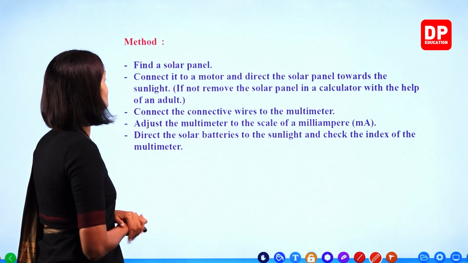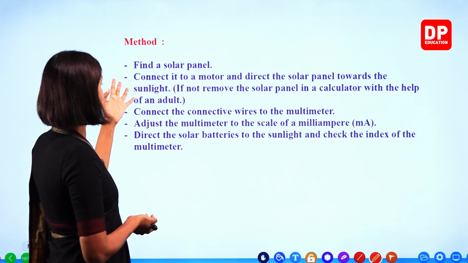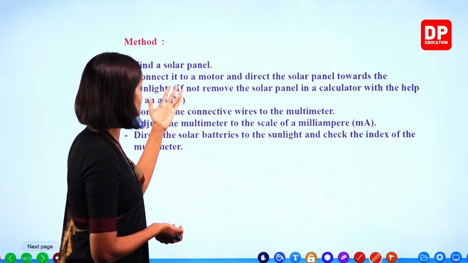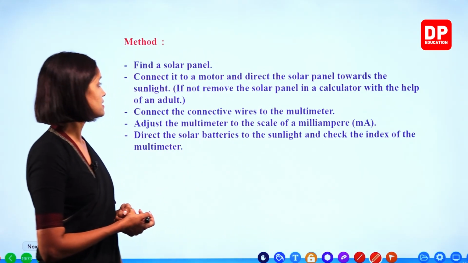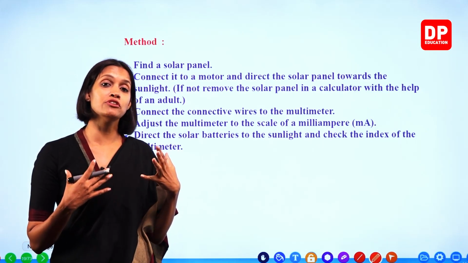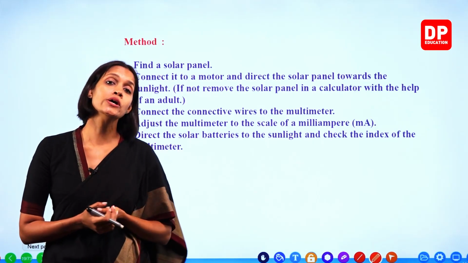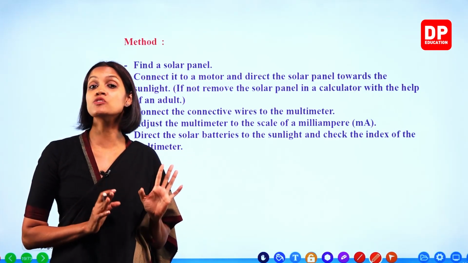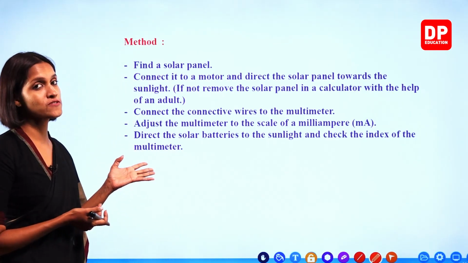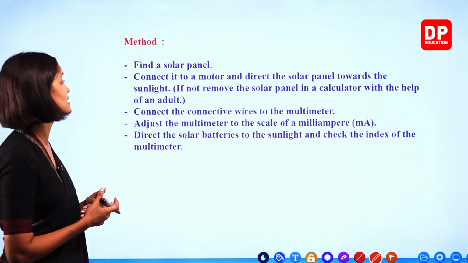Let's see how to do this activity. Find a solar panel, connect it to a motor, and direct the solar panel towards the sunlight. Right? Now we have the knowledge about solar panels. We know that without sunlight, solar panels will not work. Only in the presence of sunlight can solar panels generate electricity.